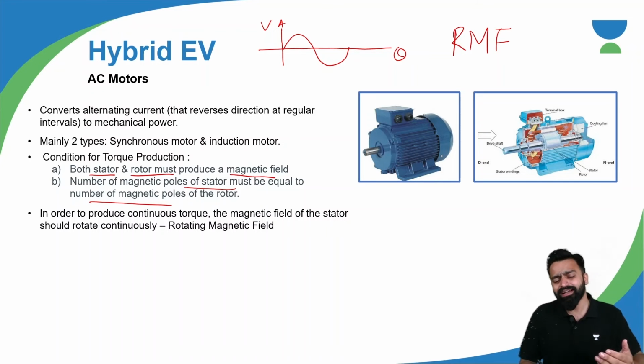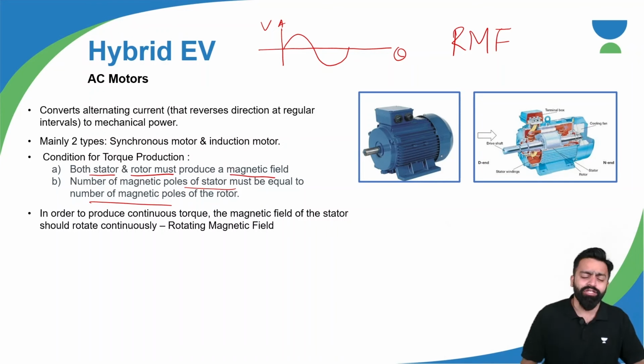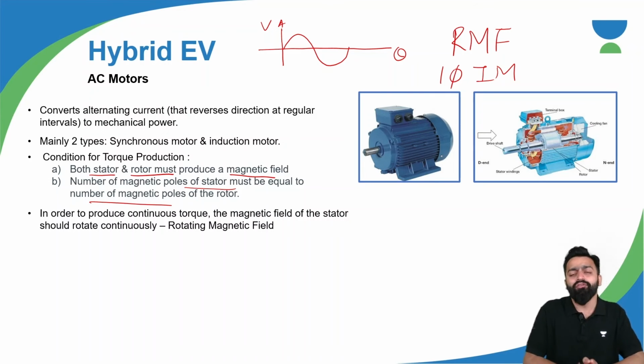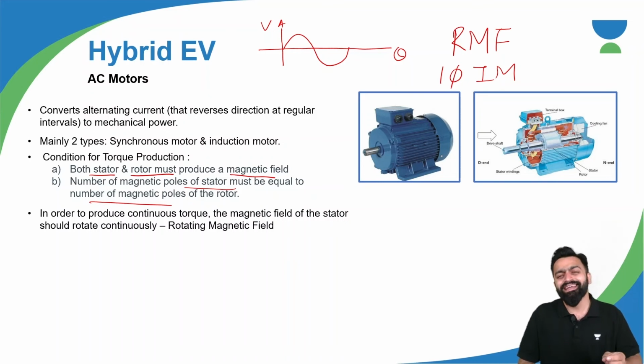If you are sitting under a ceiling fan right now, that ceiling fan has a single phase induction motor. But single phase motors are not self-starting. They require some means for developing a rotating magnetic field. Simply put, it has a capacitor.